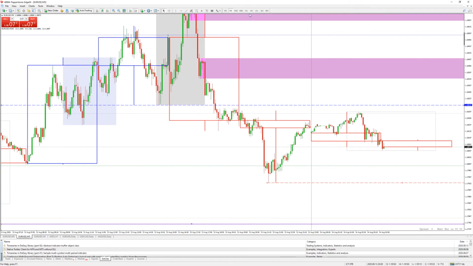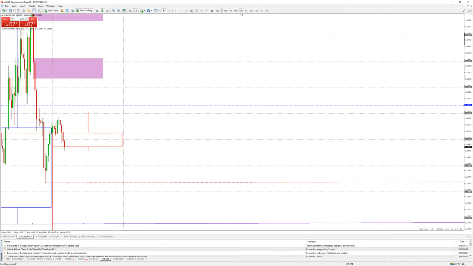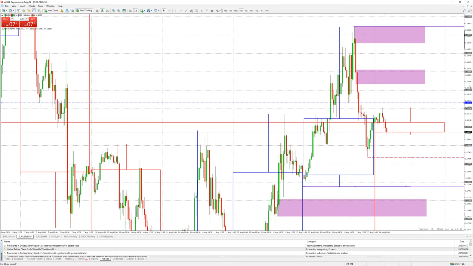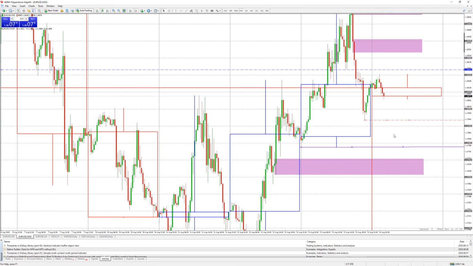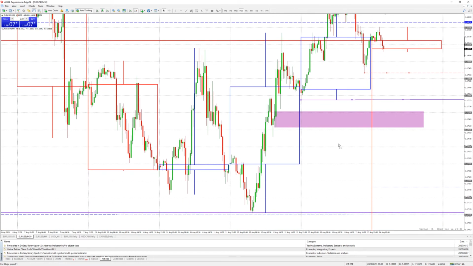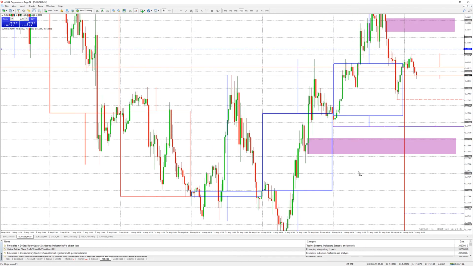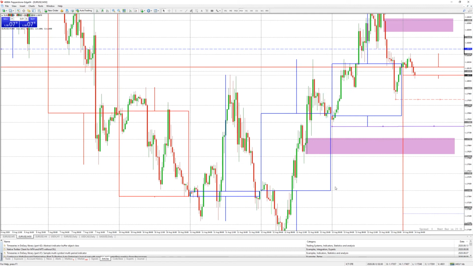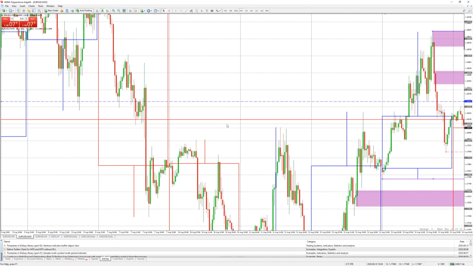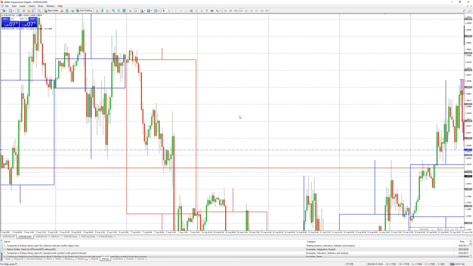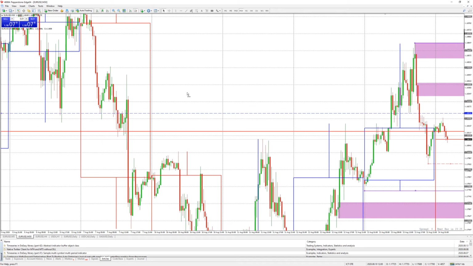So let's see. Did I do the 1 day? Maybe not. There's no 1 day level for today because this wick did not cut through this body, so there's nothing to draw for that day, and there are no other clean levels that are recent.